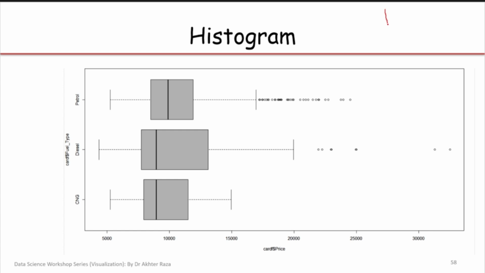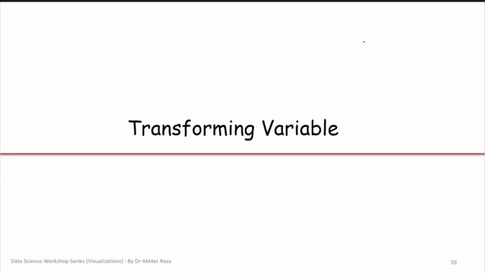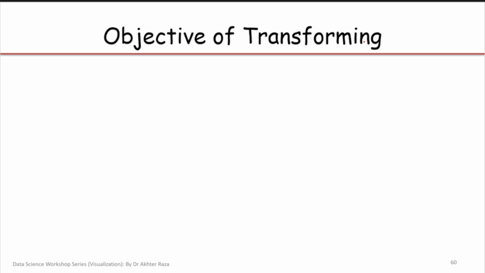We may have a root transformation. We may have a log transformation. We may have a reciprocal transformation. So we have different transformations, and in different situations we can apply different transformations to achieve our goals. So the first transformation objective is normalization.